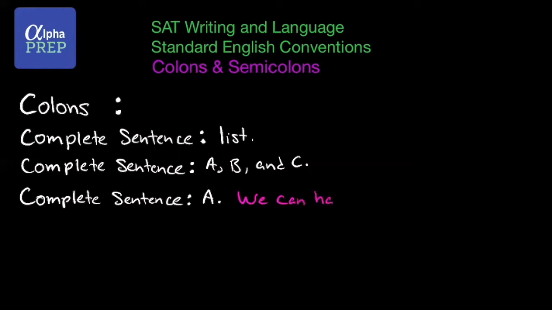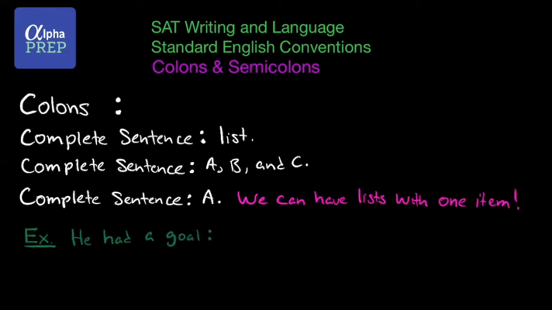And when I say list, I don't just mean a list of nouns. It could be a list of clauses, a list of descriptions. An example of a sentence with a colon followed by a one-item list is, "He had a goal: become the CEO." He had a goal, that's a complete sentence. Become the CEO, that's one item. It's just one idea.